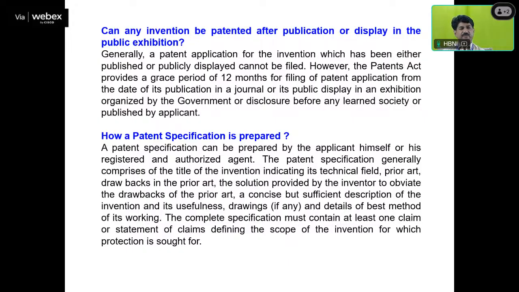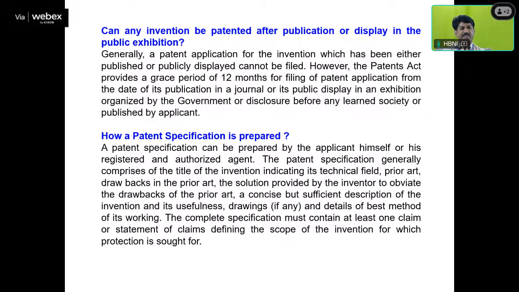So, can any invention be patented after publication or display in a public exhibition? Because here we are all researchers, and we normally publish our work in various journals or present at various exhibitions or conferences. If we are presenting our work, whether that can be patented or not, we'll see here.